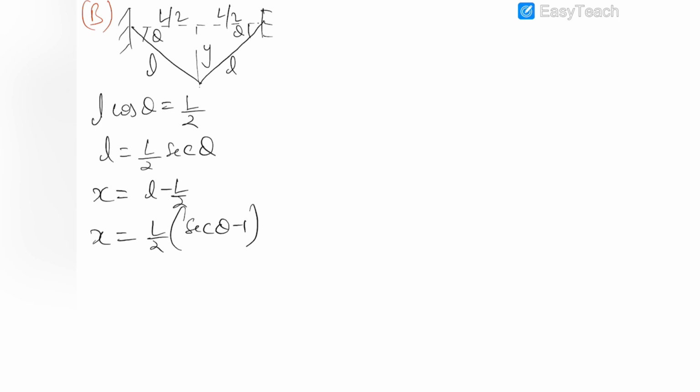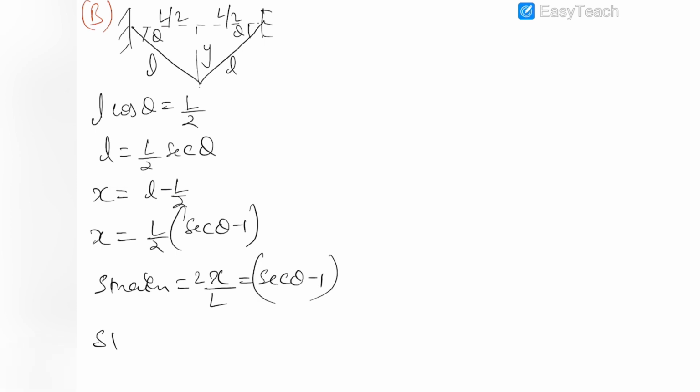And the strain produced will be the extension in the wire upon its original length, x upon L by 2. So it is equal to sec theta minus 1.